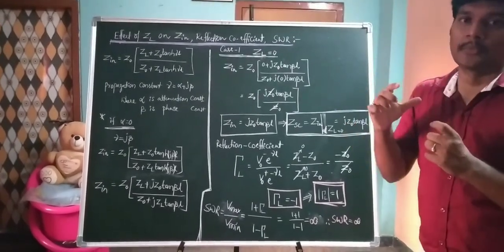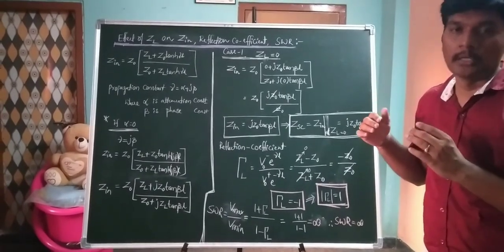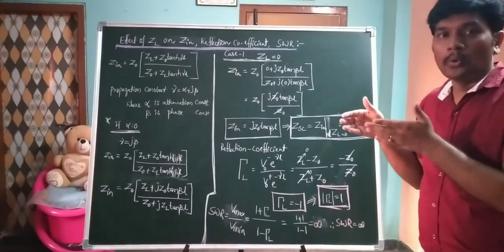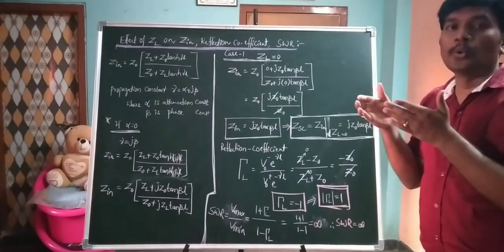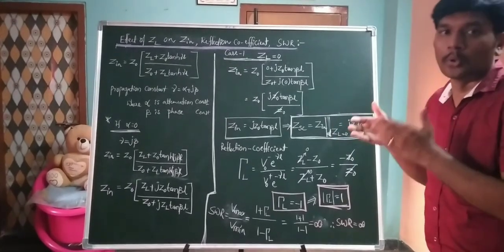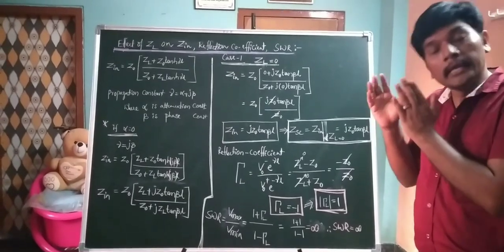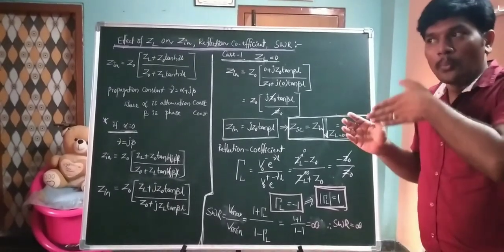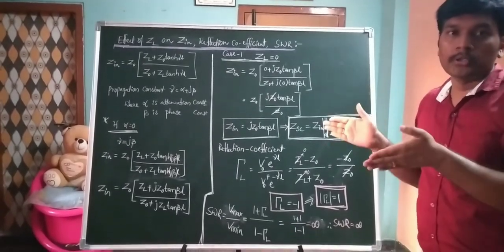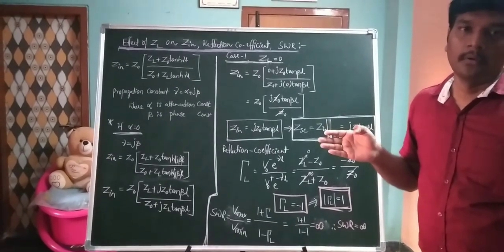That means the impedance offered by the load is considered as 0. What is the voltage across Z equal to 0? V equal to IZ, so when Z equal to 0, the voltage drop is also 0. Since the load cannot draw any voltage, it is reflected back to the generator, right?